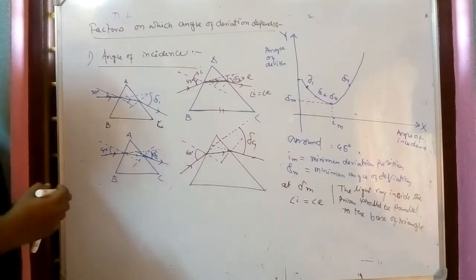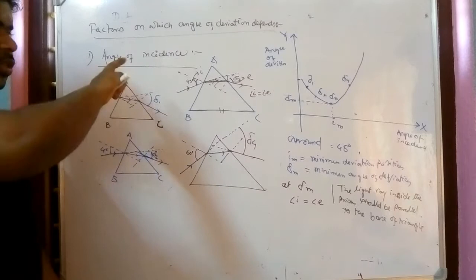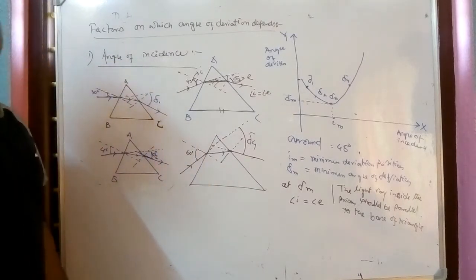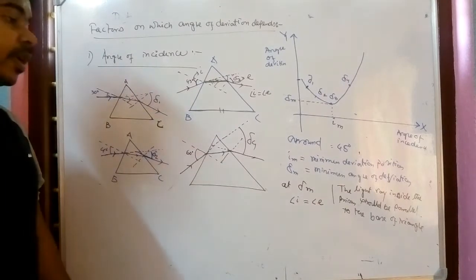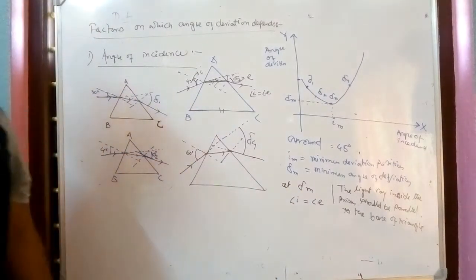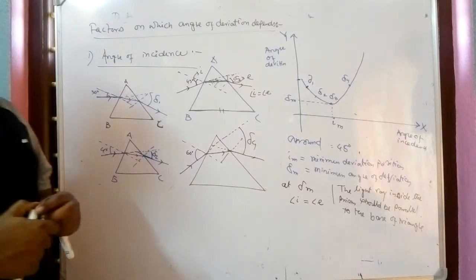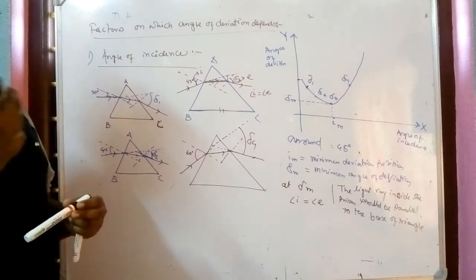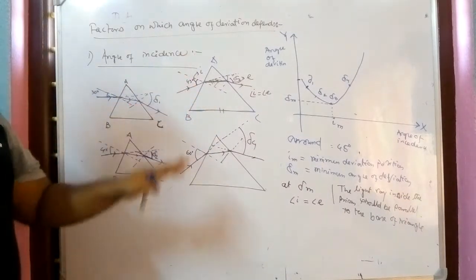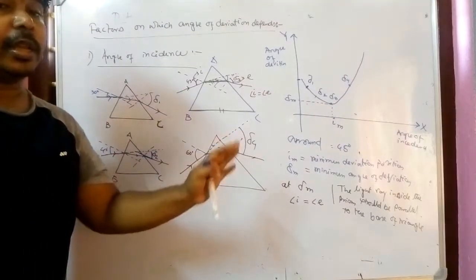Generally, whenever we do any experiment regarding this prism, we have to fix it at the minimum deviation position. That means where the angle of incidence is equal to the angle of emergence, because the prism is needed in many more experiments like spectrography and spectroscopy, and in that case you have to fix the prism at the minimum deviation angle position.